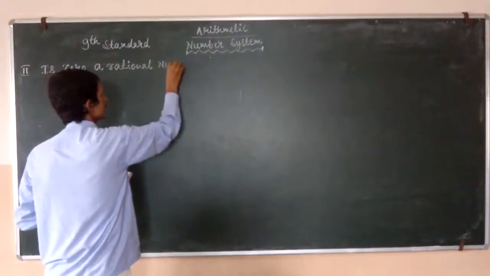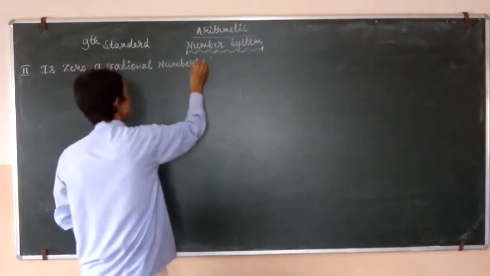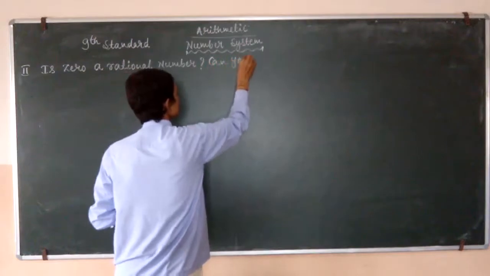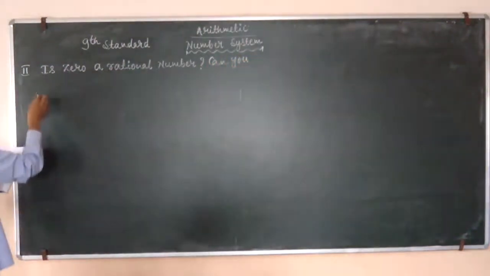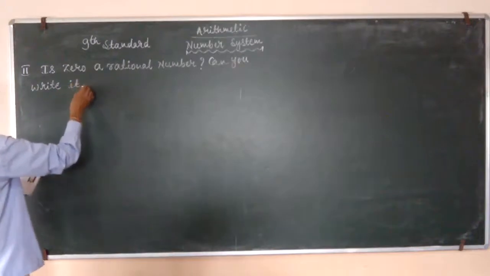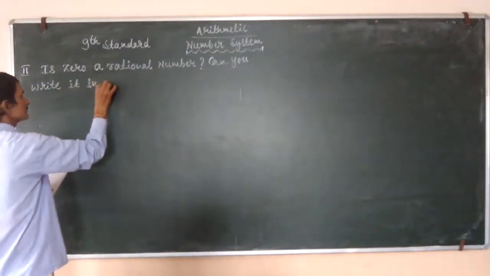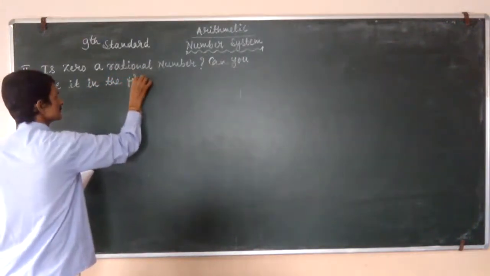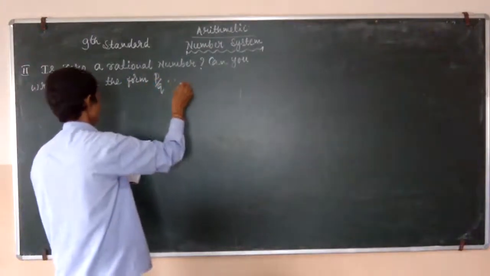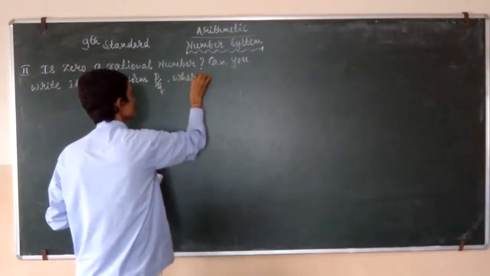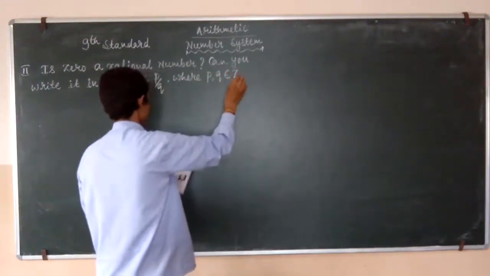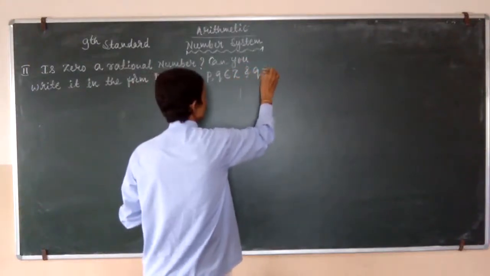If it is a rational number, can you write it in the form of p by q, where p, q belongs to Z, and the condition q should not be equal to 0.